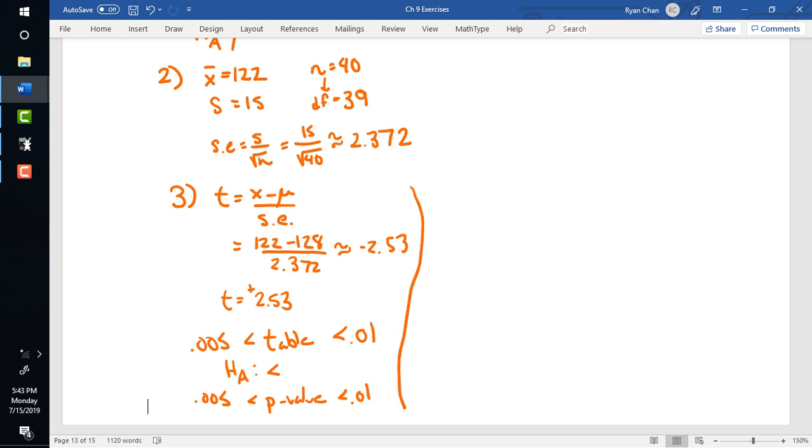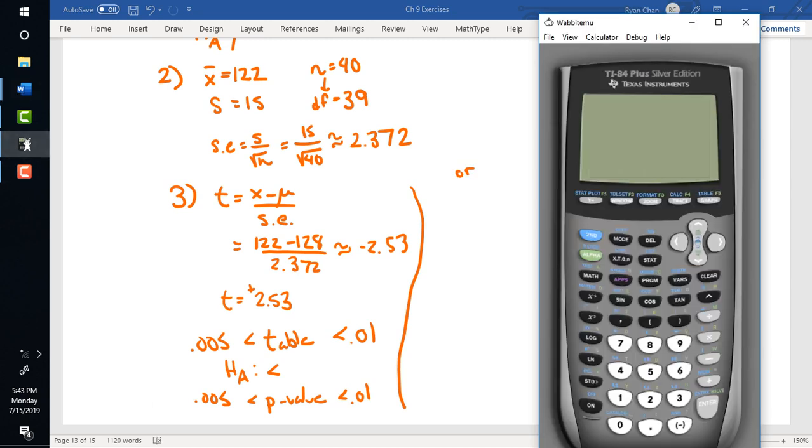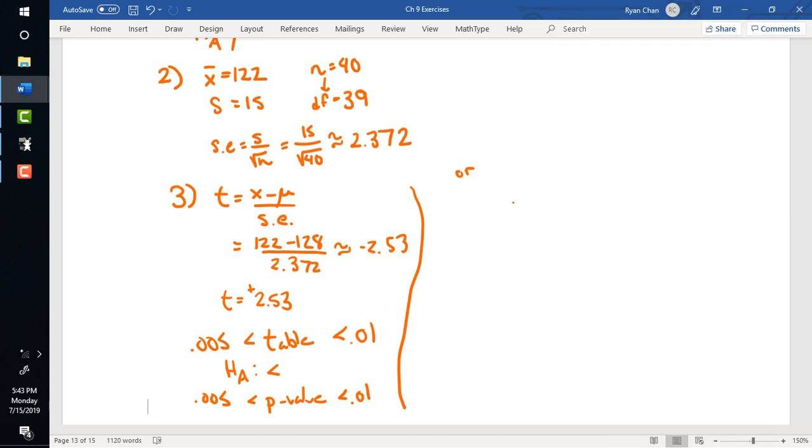Okay, so you can do it this way, or second, you can do the tcdf. So sorry, I did apologize. I messed up before. So let's understand what's happening here. So your curve looks like this.